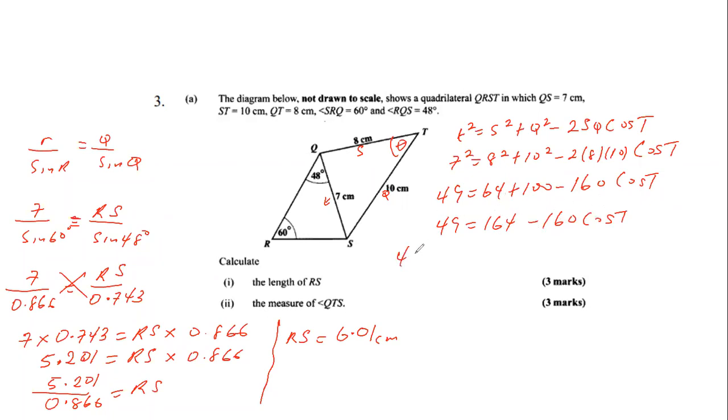We get 49 minus 164 is equal to negative 160 cos t. Then when you minus this and this, what do we get, please? Negative 115. Negative 115 is equal to negative 160 cos t.